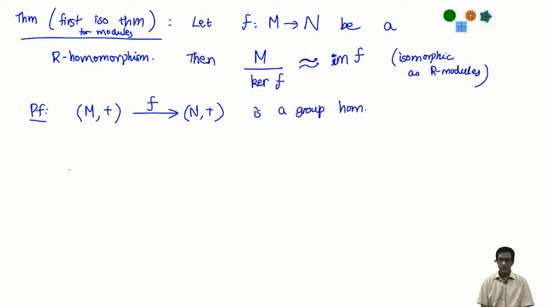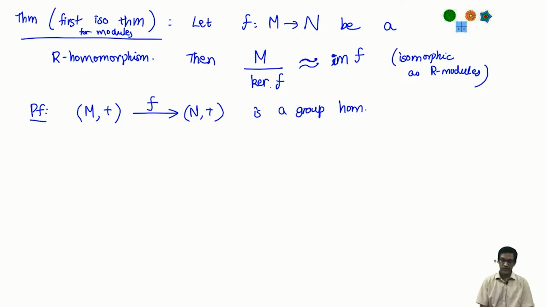And now for groups I already have the first isomorphism theorem. So remember, the notion of kernel here is exactly how we define the kernel in the case of groups. Right? It's everything which maps to the identity, but the identity is exactly 0 in this case. Okay?